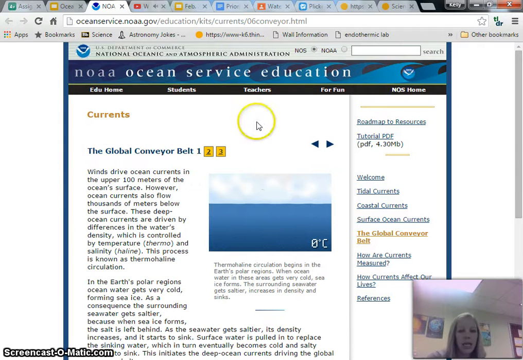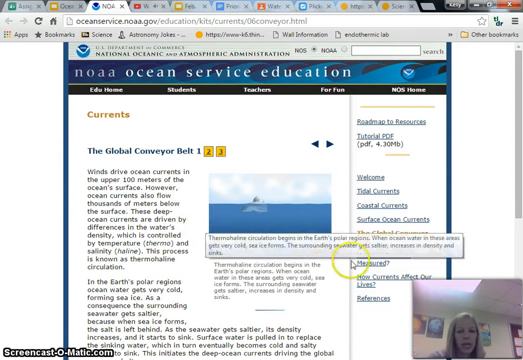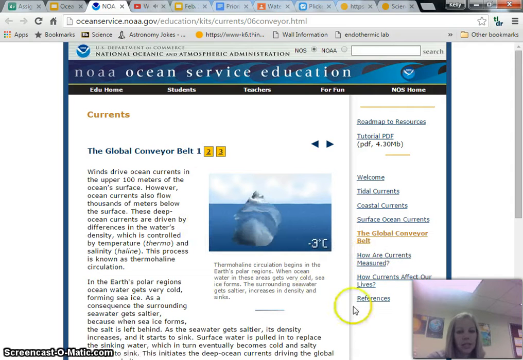Here in this diagram, I just like this diagram, and this explanation is great. It says thermohaline circulation begins in the Earth's polar region. So we're talking about way over here, where the Gulf Stream goes up between Iceland and northern Europe. That would be one area. The ocean water in these areas gets very cold because of the indirect light almost year-round, particularly during the winter up there, and sea ice forms.